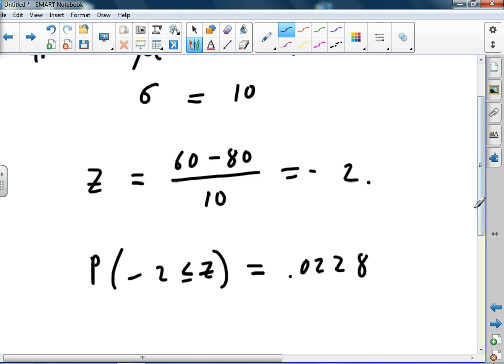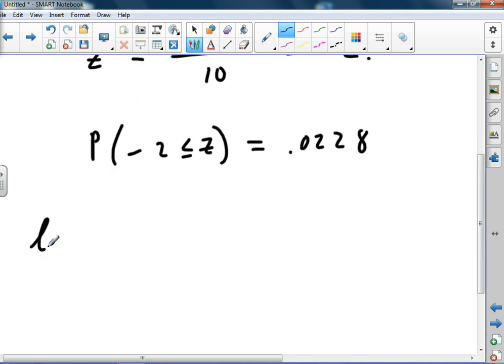Okay. B. What is the probability that a student will complete the exam in more than 60? So we want 60 to 75 minutes. Okay, so we need a Z number.